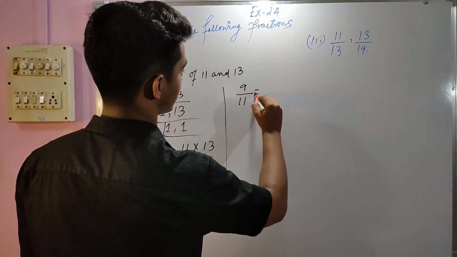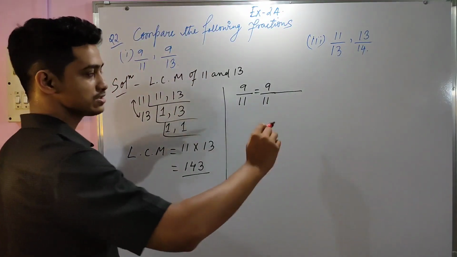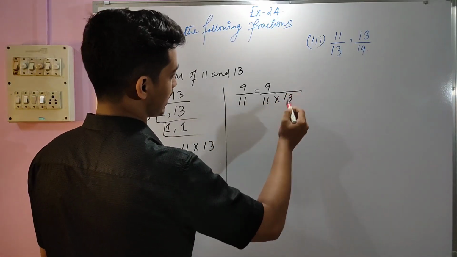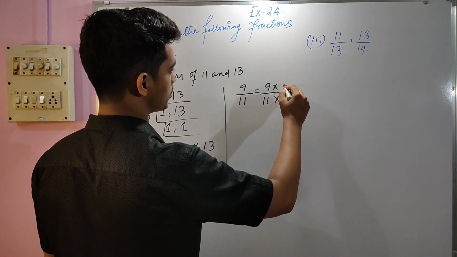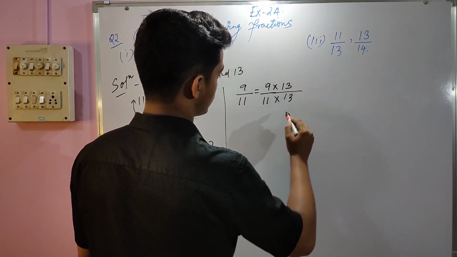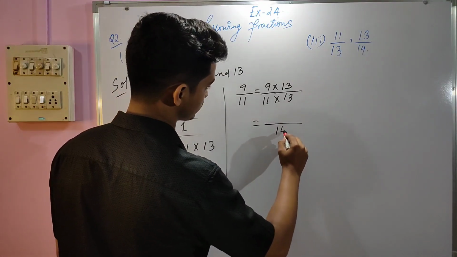The fraction is 9 by 11, and we multiply 11 with 13, and the same process is repeated in the numerator as well. 11 into 13 we have already calculated, that is 143.